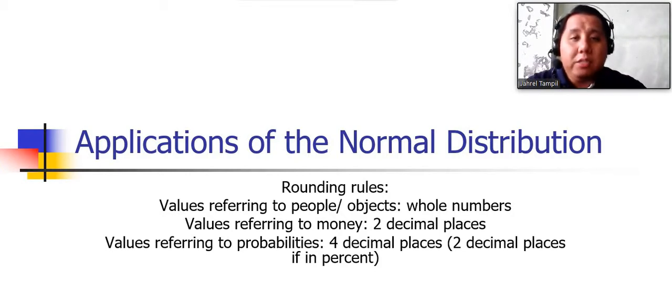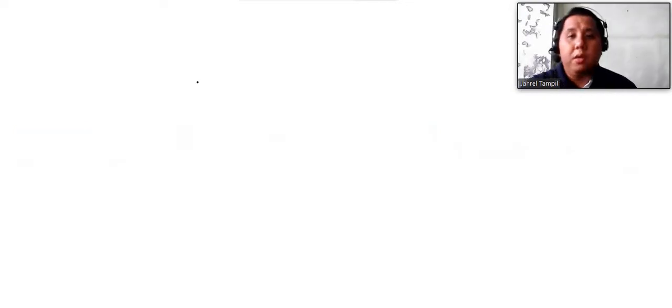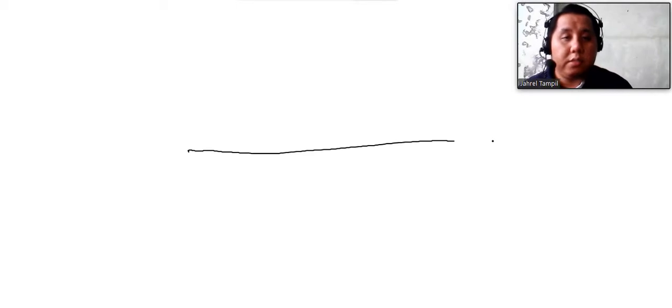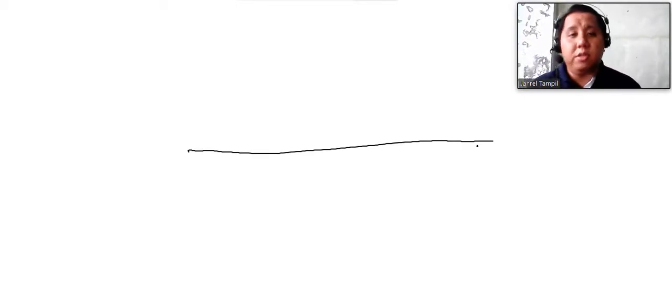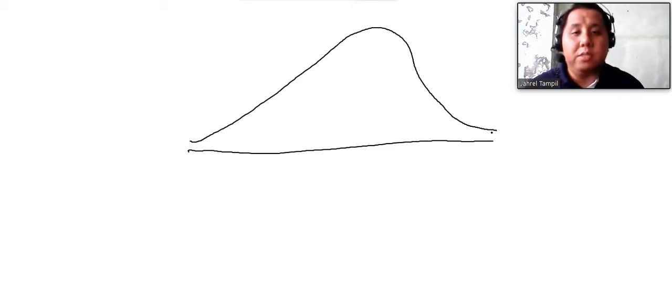Further, let us have this illustration. When Excel looks for the probabilities, it considers something. We actually encountered it before, but we just did not focus on it in the binomial distribution. So let me just draw. Please assume that it's a normal curve, although it doesn't look like it.